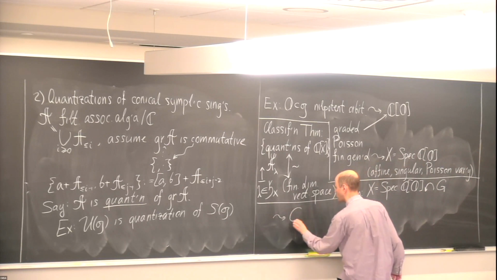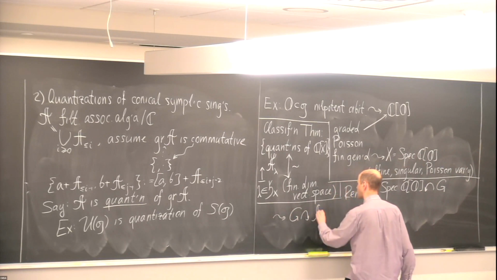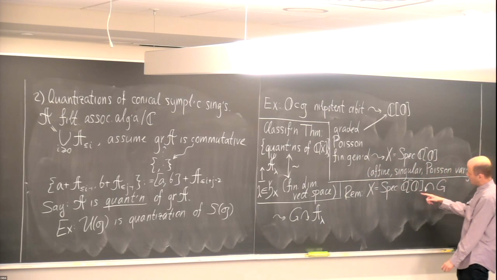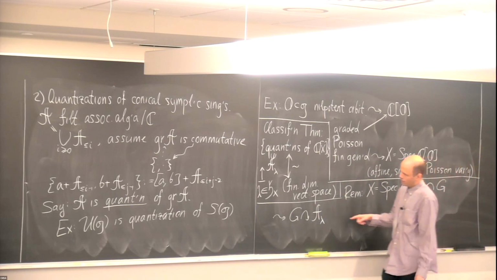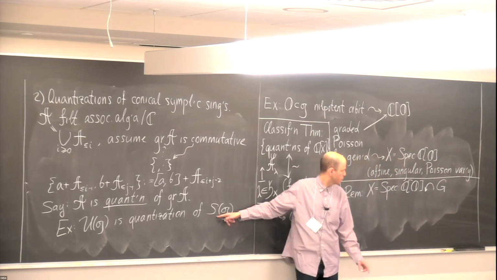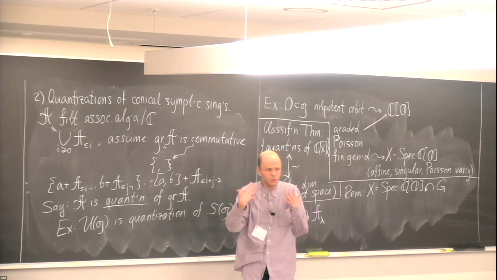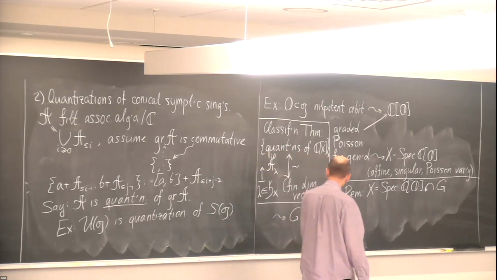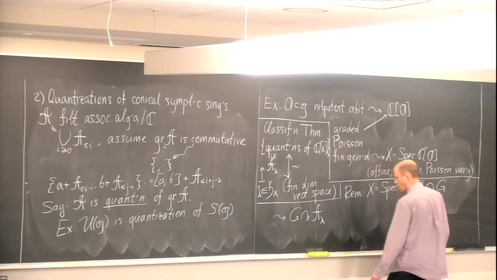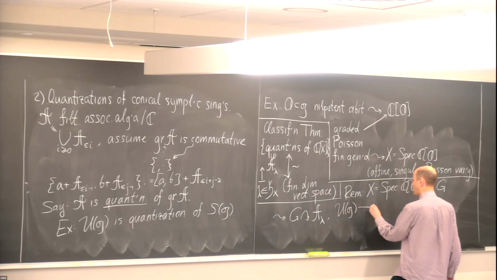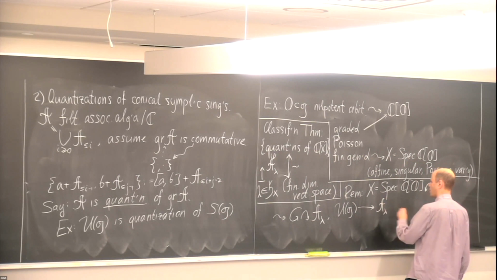So we have an action of G on A lambda. Moreover, you have a homomorphism from S of g to the functions on O, because O is just included into g. And this also deforms. I also have a homomorphism from U of g to A lambda.